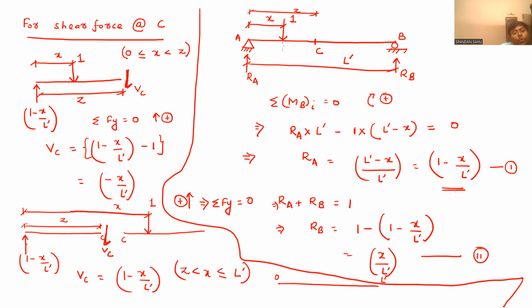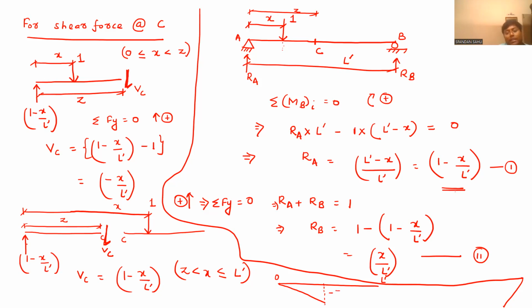You cannot put Z directly, because exactly at Z shear force is not defined. Just left or just right, it is like Z tending towards that point. So just put Z, it will be minus Z by L prime, if this is point C, just to the left of C.